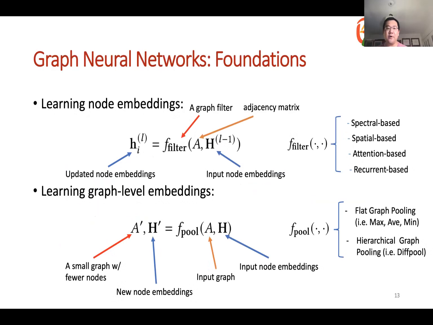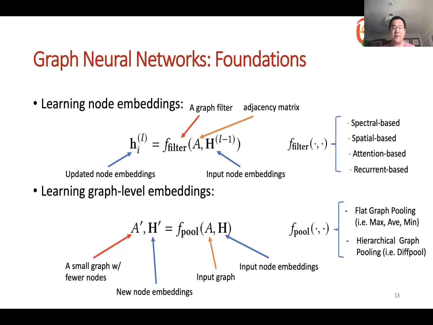With graph neural nets, we will talk about two kinds of embeddings. One is node-level embedding, and the other is graph-level embedding. As shown in this equation, the learning process of graph node embedding takes the graph structure information as well as the input node embedding, and generates a new node embedding.